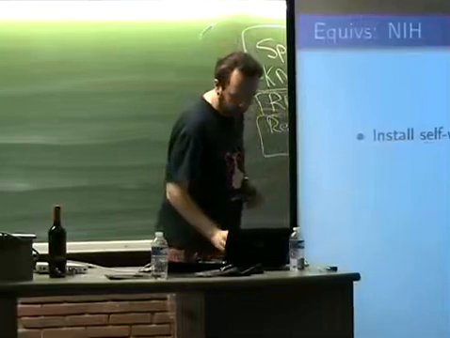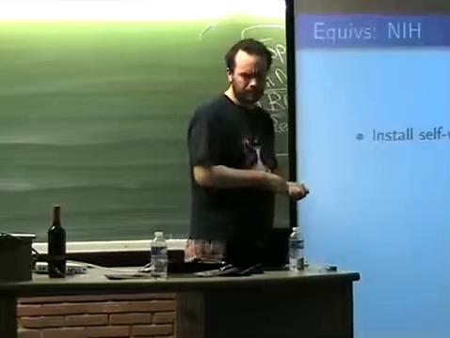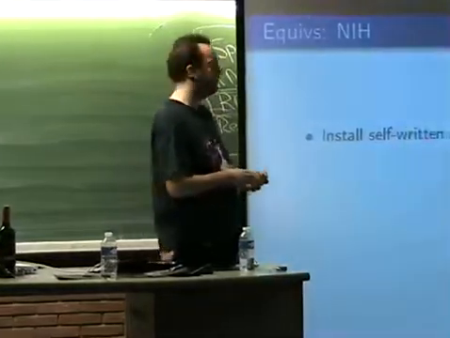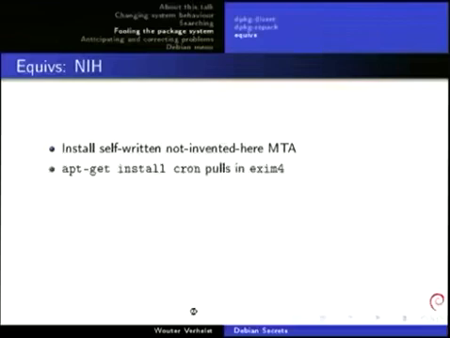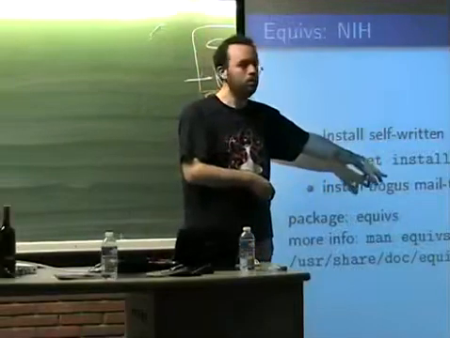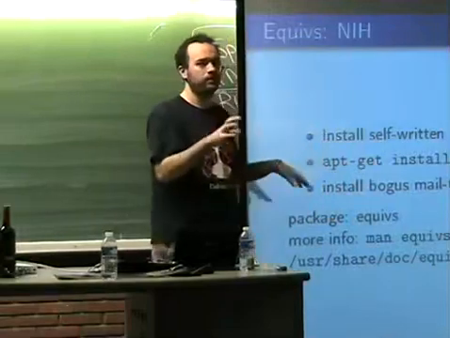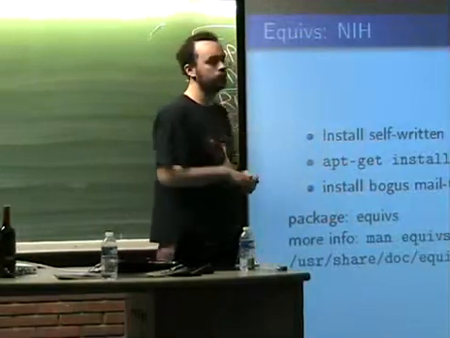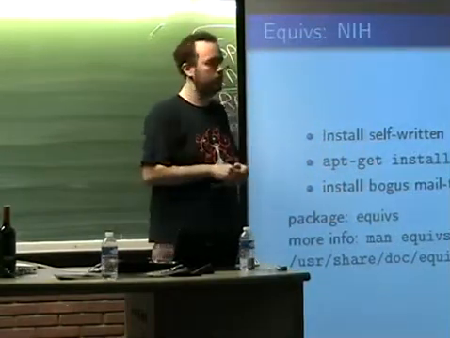So equivs. Equivs basically is a way to quickly build a package. I have an example of why this could be useful. So you've got some mail transport agent that's not packaged in Debian, and you wish to install it, and then you install cron, and that also pulls in a mail transport agent. So what we do is we install a package that claims it provides a mail transport agent, so your source-based installation actually works.